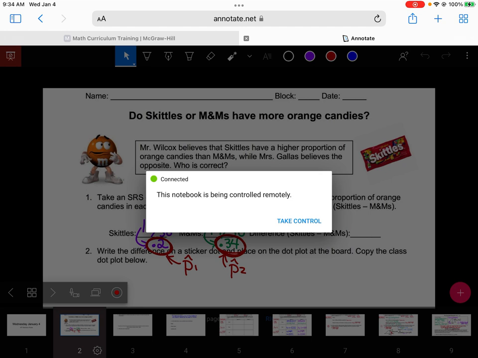So for mine, I'm doing 0.2 minus 0.34. So I get a negative 0.14. This guy right here, that is p hat 1 minus p hat 2.